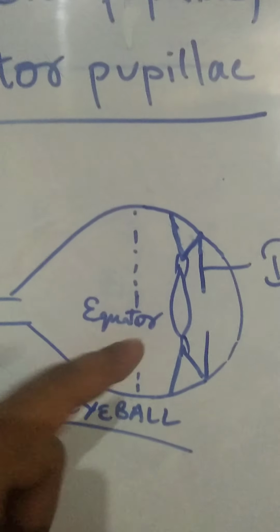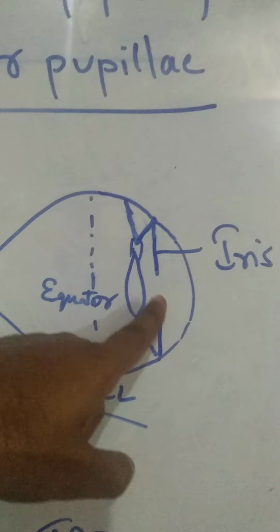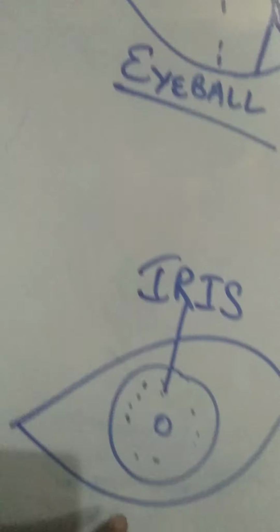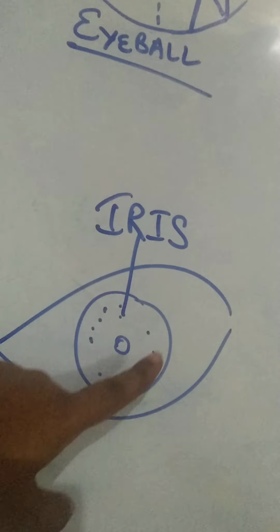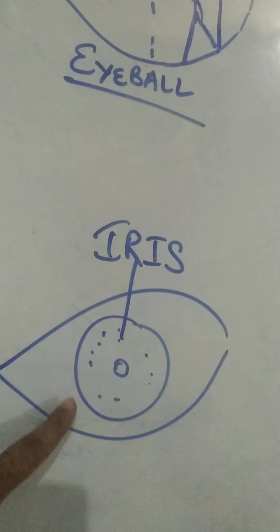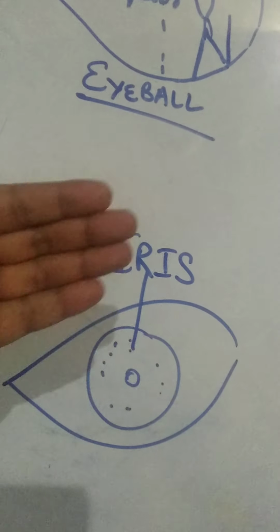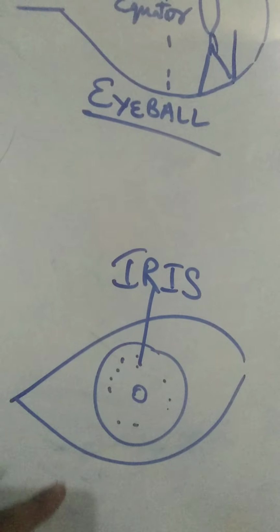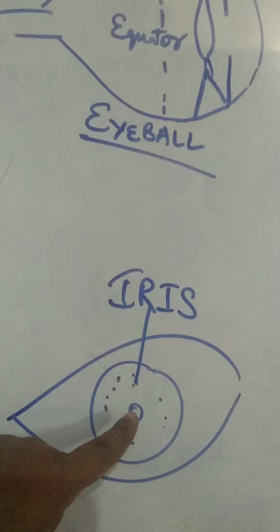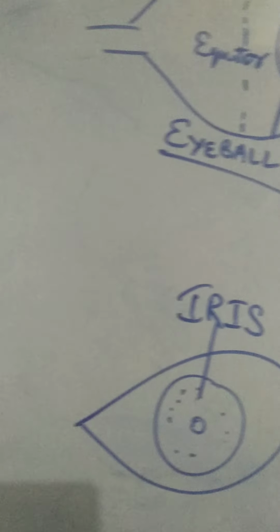Coming to the first one, location. You have already guessed, the location is within this iris. This iris from anteriorly appears like this. It's a pigmented layer. Within this circular iris curtain, there is a muscle called the constrictor pupillae.